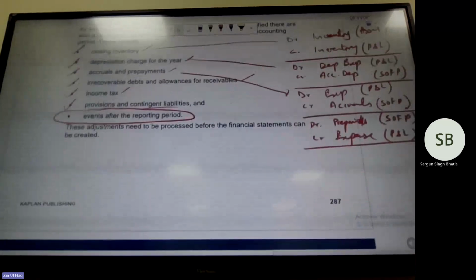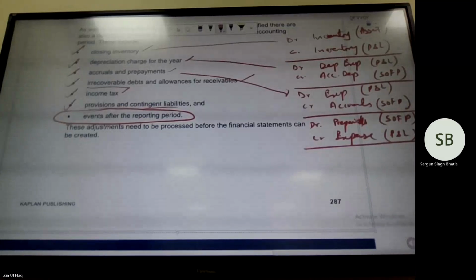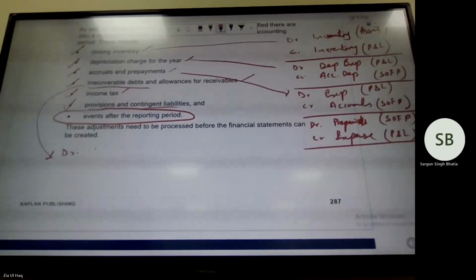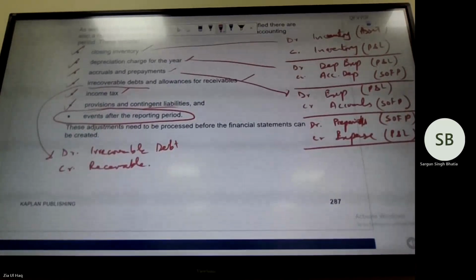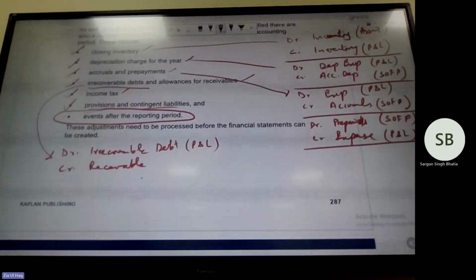What is the entry for irrecoverable debt? Debit irrecoverable debt, meaning confirmed bad debts, and credit receivable. This irrecoverable debt will be recorded as an expense in P&L, and the receivable should be deducted on the asset side of the statement of financial position.